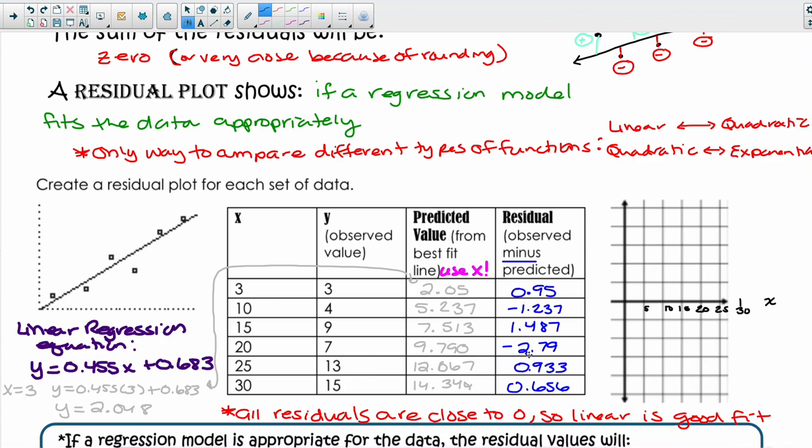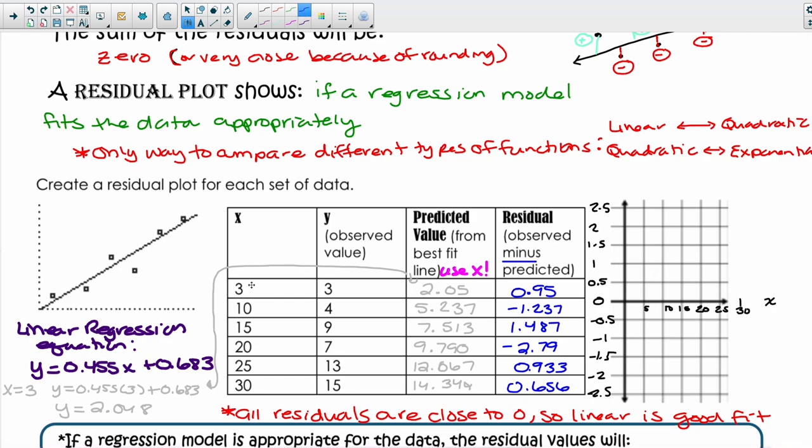My highest residual is negative 2.79, so I'm going to count by 0.5s. So this is 0, 0.5, 1, 1.5, 2, and then 2.5. Now do the negatives. And then I will go and plot our residuals.